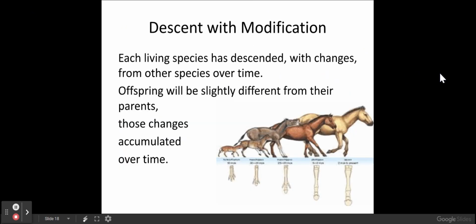Okay. Something I do want to mention is this idea of descent with modification. So everything alive today is descended from some other species that existed. So each generation, there's slight differences in offspring, and over time those accumulate, and you can see the formation of a new species.